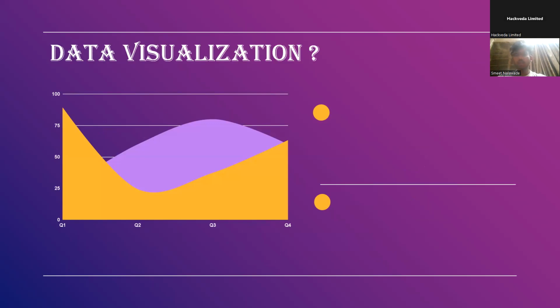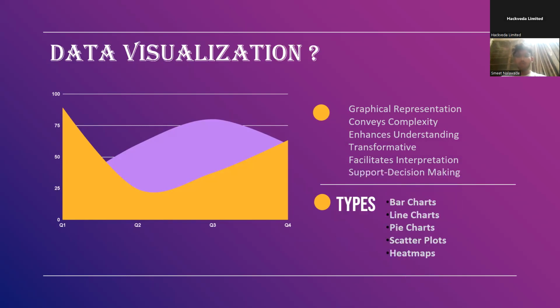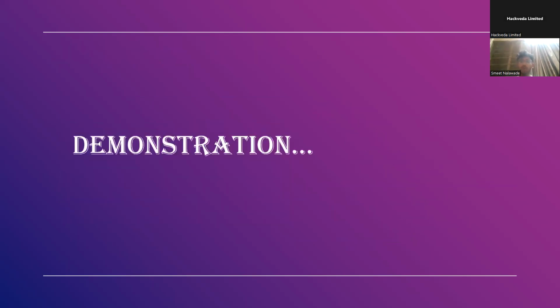Data visualization is the visualization of data, which can be in the form of graphs, charts, etc. It is a graphical representation which conveys complexity, enhances understanding, facilitates interpretation, and supports decision making. Here are the types of charts by which we can visualize the data, such as bar chart, line chart, pie charts, scatter plot, and heat maps.